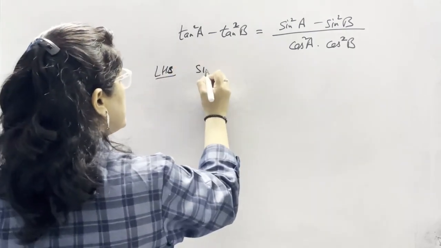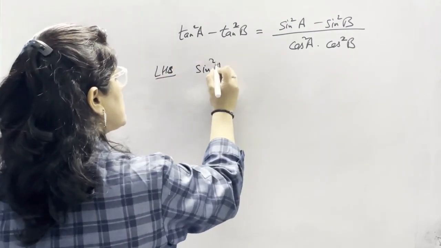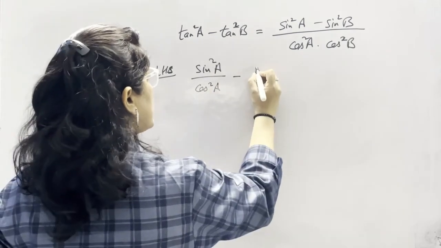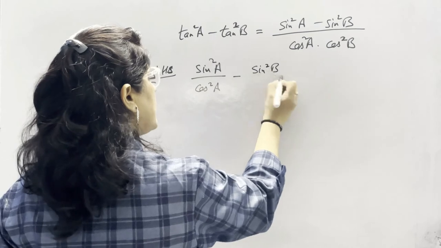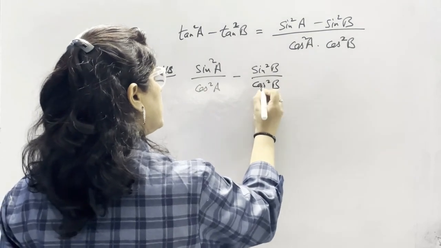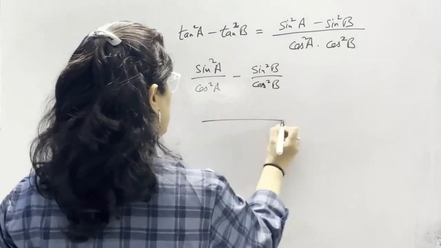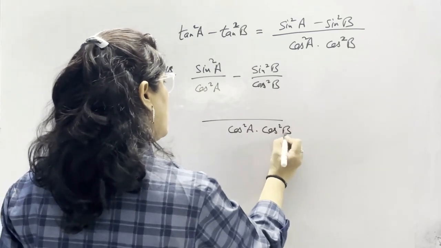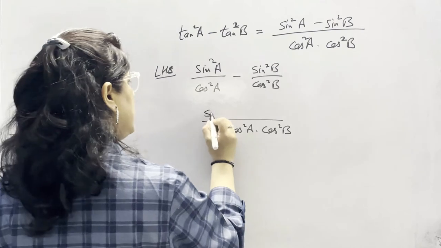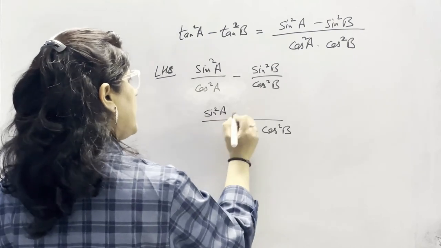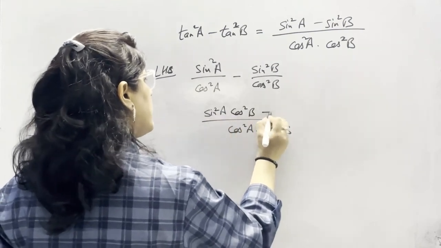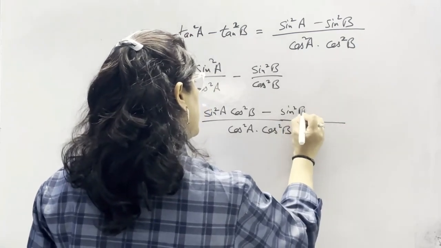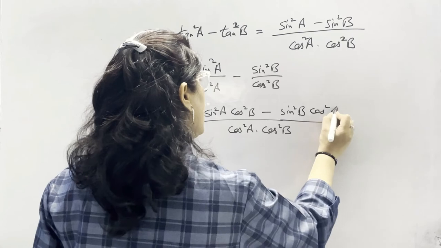Tan A is sin A upon cos A, so tan square is sin square A upon cos square A, minus tan square B is sin square B upon cos square B. Now taking LCM, cos square A into cos square B, multiplying sin square A with cos square B minus sin square B with cos square A.